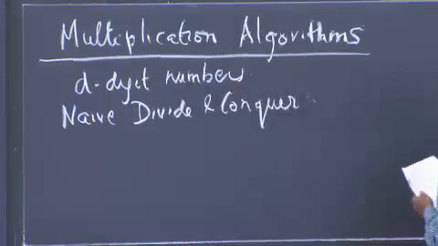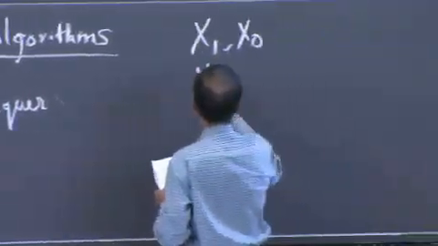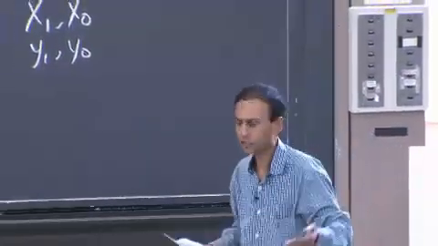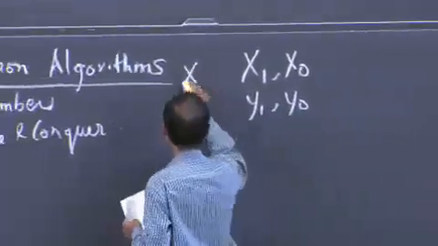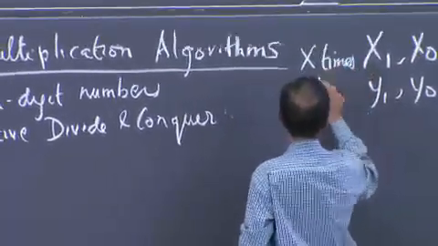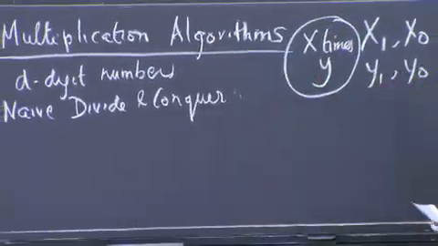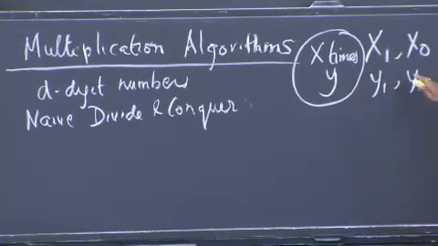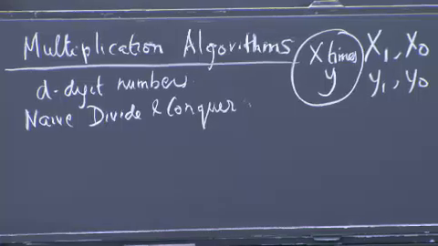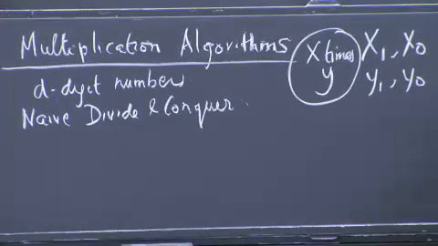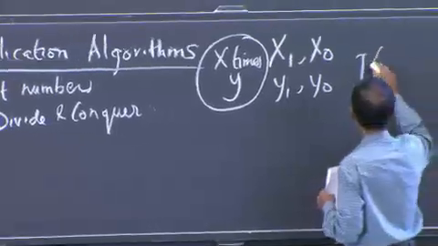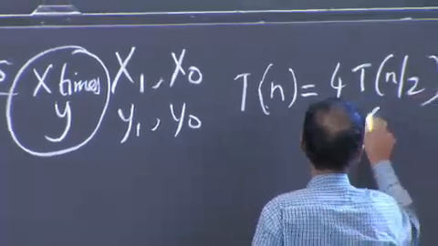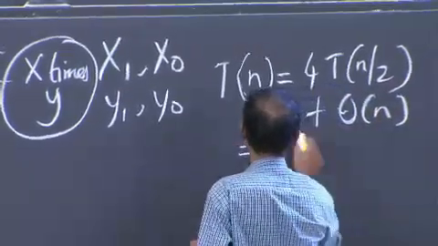So you take x1, x0, y1, y0, where x1 is the most significant half of x. You're trying to multiply x times y. And same thing for y1 and y0. So each of these will have d by 2 digits of precision. And if you implement the naive algorithm, that looks like Tn equals 4 Tn by 2 plus theta n, you end up with theta n squared complexity.